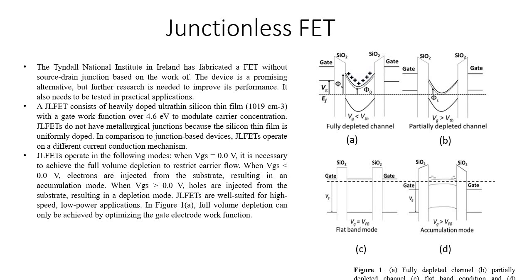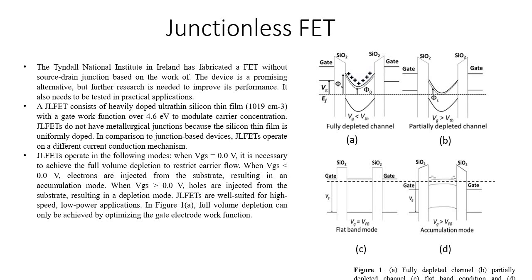Uniformly doped means the concentration in all the silicon thin film is equal. Now doping is high, we have to create a channel, so we have to keep the work function high, so it will deplete the channel when it is in the off state. So basically junctionless transistor is an on resistor. So it will be off when the work function of the gate is higher.